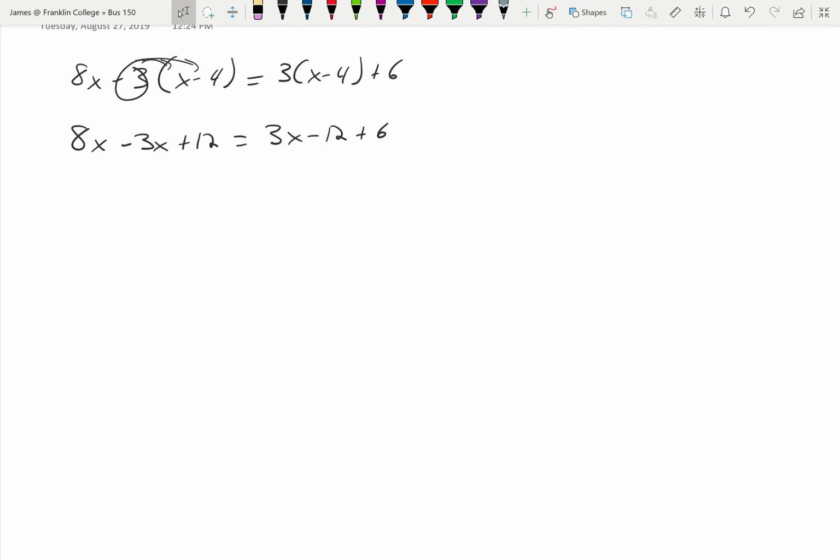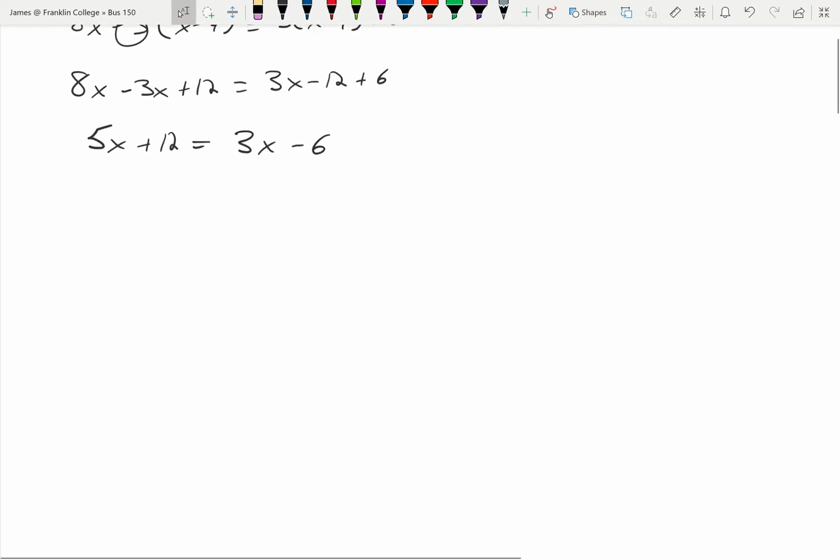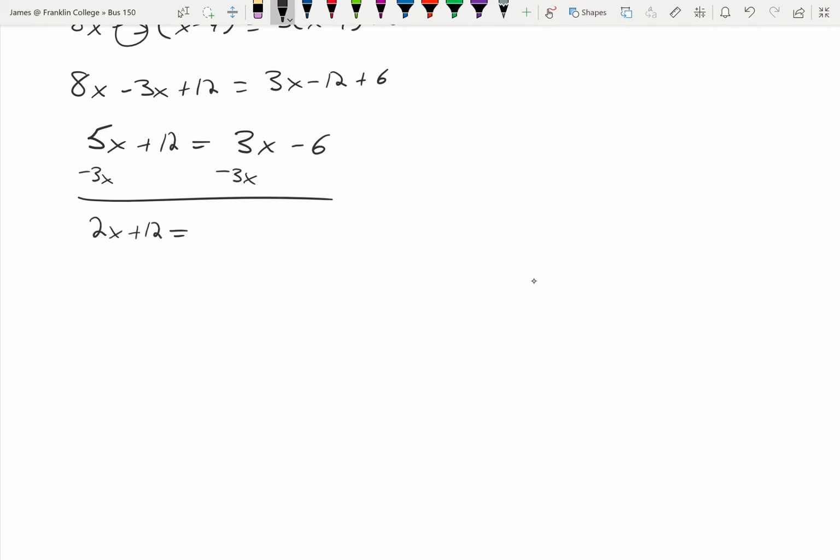We can combine like terms on both sides of our equation. So 8x minus 3x, we're going to get 5x plus 12 equals 3x minus 6, because minus 12 plus 6 equals minus 6. Now we can subtract 3x from both sides of our equation, and we're going to get 2x plus 12 equals minus 6.